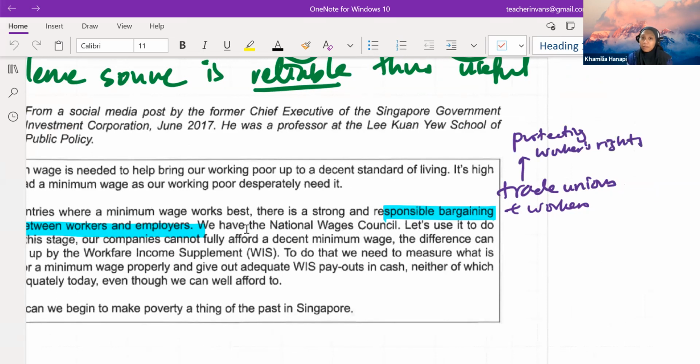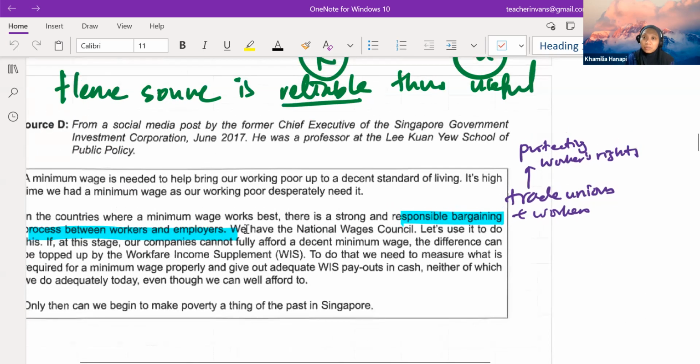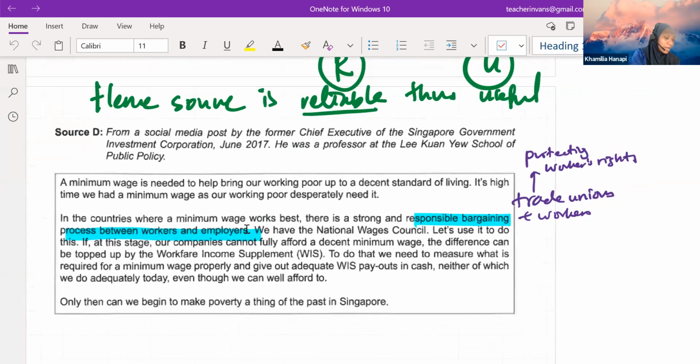Okay, they do that. All right, but in Singapore, we have the National Wage Council. Even our trade unions since the 1950s, okay, has been working very, very closely with the government. Okay, and on top of that, if you look very carefully, if the companies cannot fulfill a decent wage, okay, the difference can be topped up by workfare.